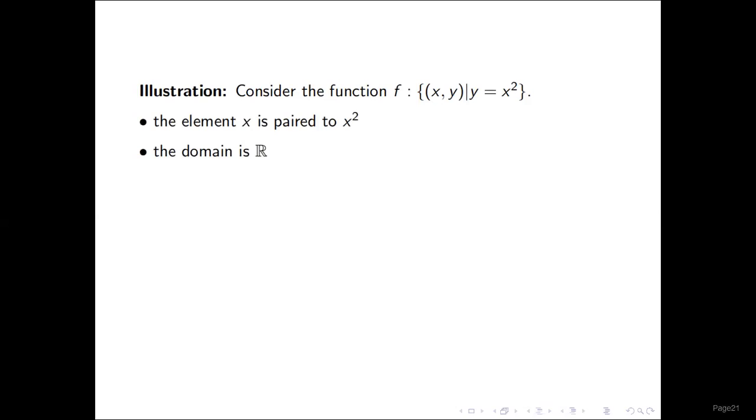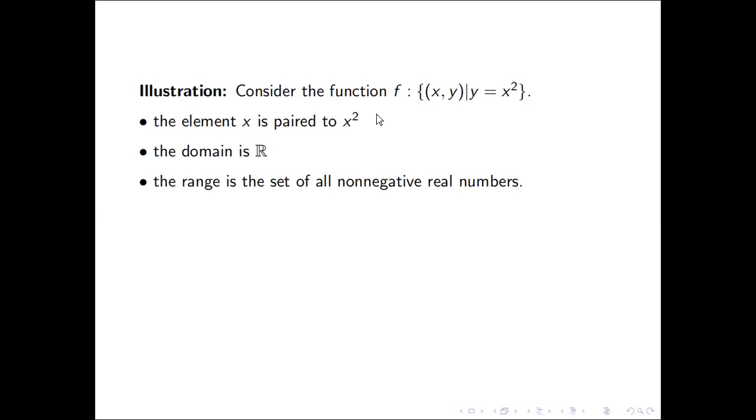And so the domain would be understood to be the set of all allowable values of x. Since it's just squaring a real number, it will always be defined. In other words, the domain is the set of all real numbers. But the range is not all real numbers, since not every real number has an x element paired to it.